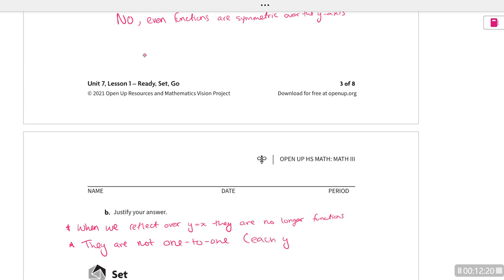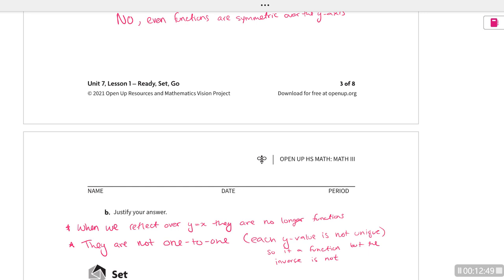So it is a function, because that's okay, but its inverse is not.